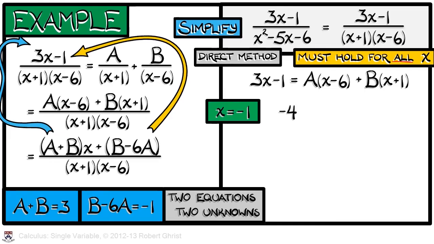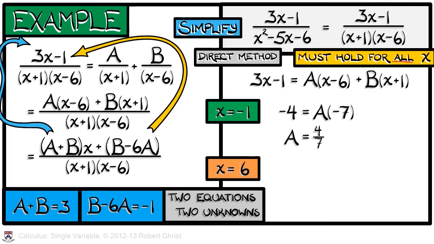What happens when we substitute that in? On the left, we get −4. On the right, we get A times −7 plus B times 0. And we've eliminated that variable from consideration. Solving, we obtain A is 4/7. Likewise, if we substitute in x = 6 into the above equation, we get on the left-hand side 17.